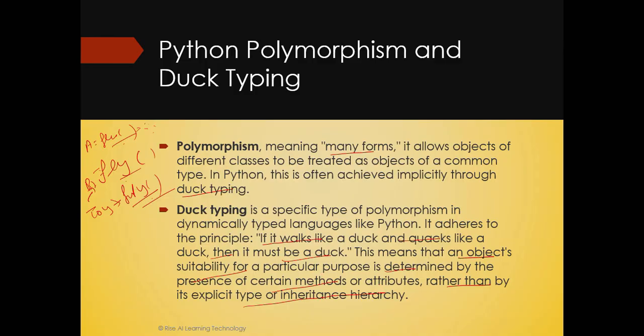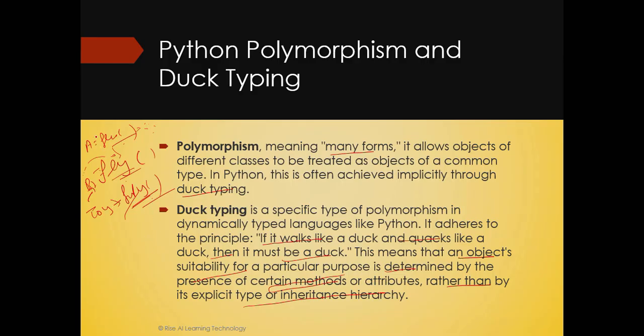What does it mean? It means that an object's suitability for a particular purpose is determined by the presence of certain methods and attributes. If a class has this particular method, fly, and this one also has fly, then we can treat this as a bird, because we are not explicitly depending on the inheritance hierarchy.